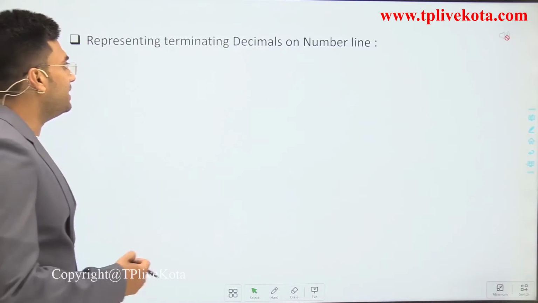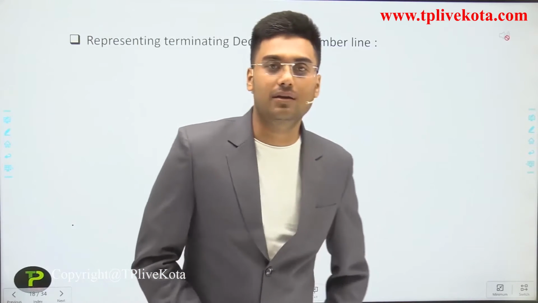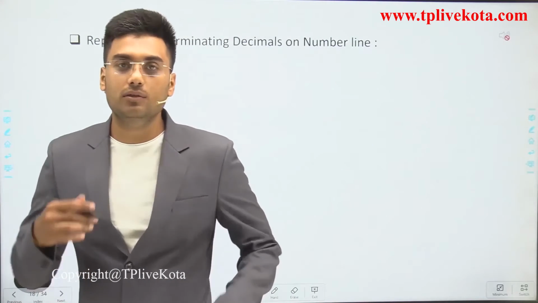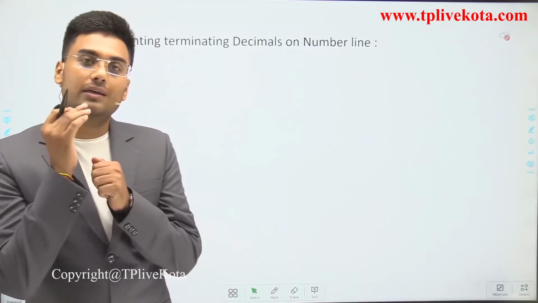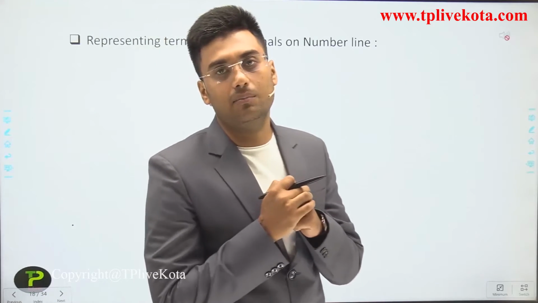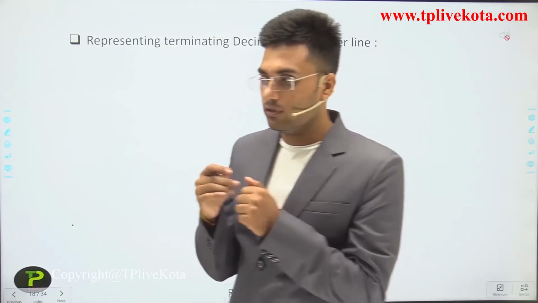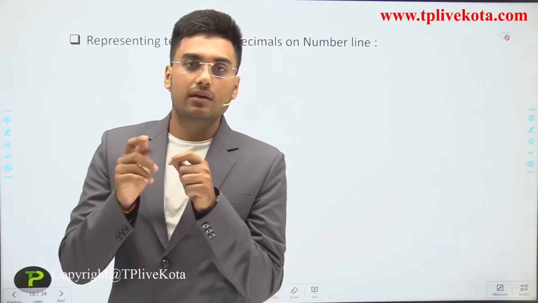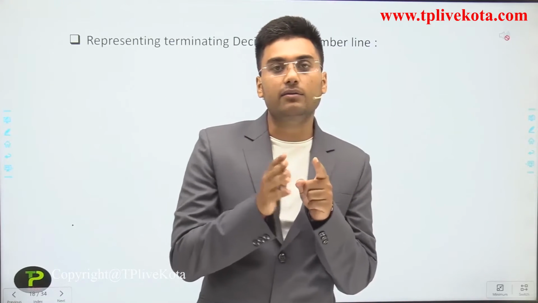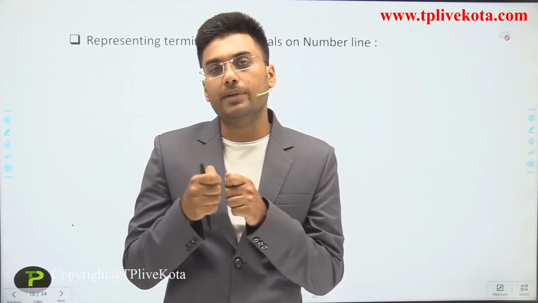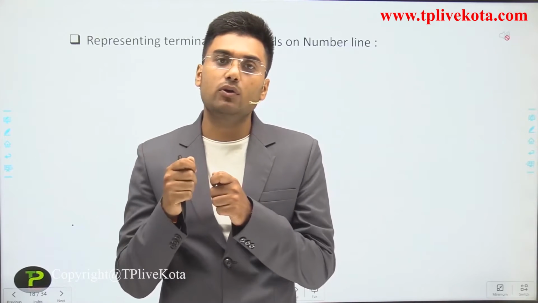Now representing terminating decimals on a number line. Up to now we used to show fractional rational numbers on a number line. Then what we have done, we did the fractional part. If we require to represent 13 by 4, it is equal to 3 plus 1 by 4.